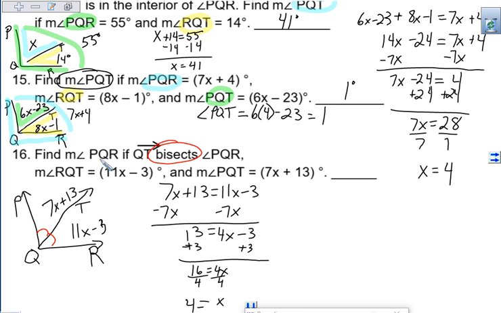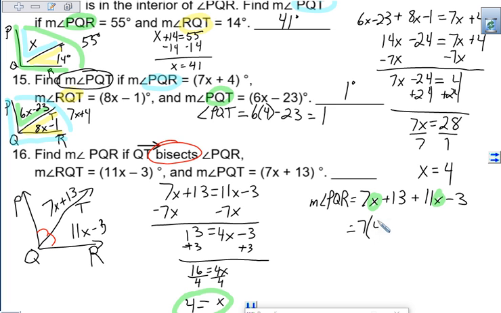And we were looking for the measure of angle PQR. That is the whole angle. So we need to add the 7x plus 13 and the 11x minus 3 together. And we have to substitute this 4 in for our x's.